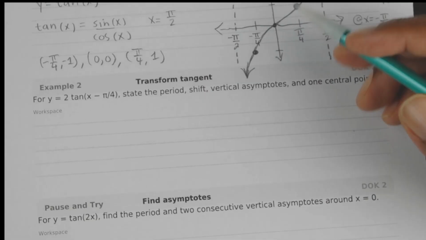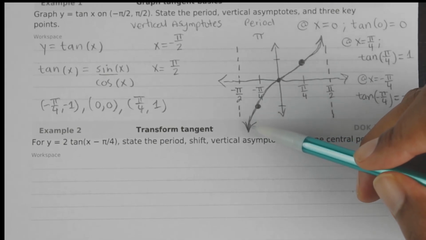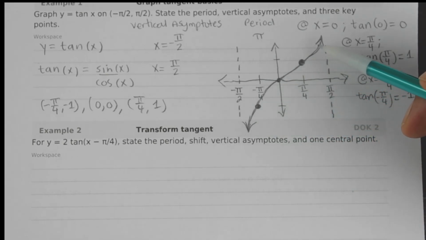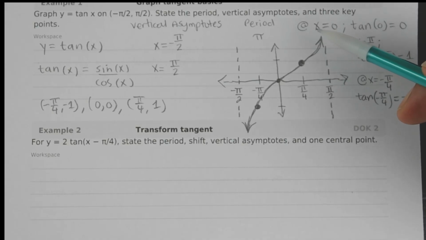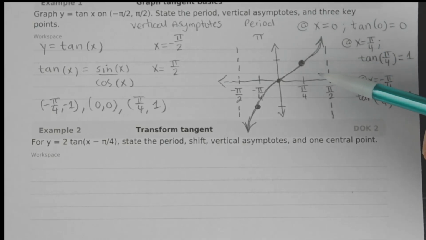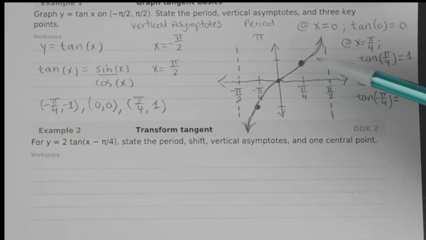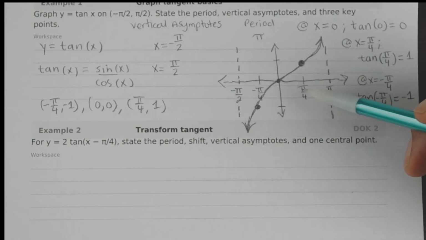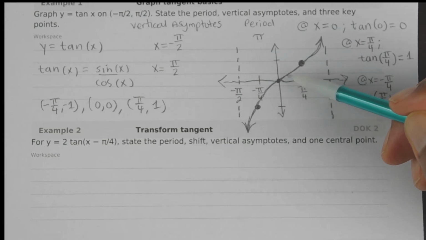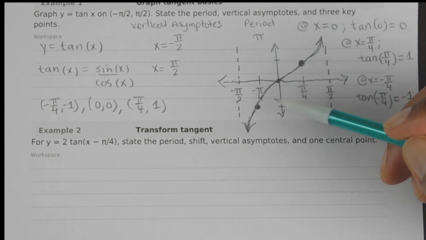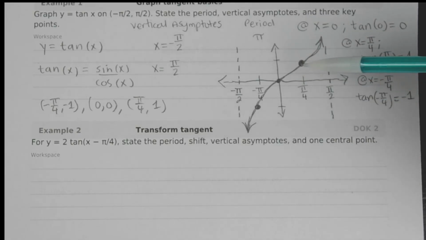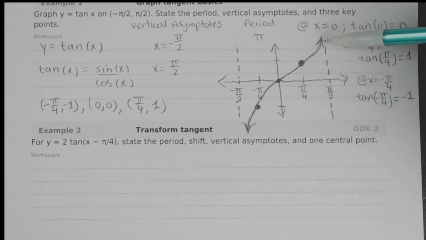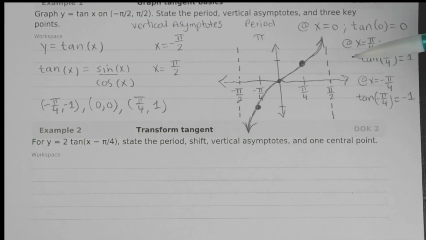And again, if we're interpreting the graph, it rises from left to right and then continues upward, okay? So as it approaches the vertical asymptote x equals negative pi over 2 on the left, and the vertical asymptote pi over 2 on the right, remember, it approaches it, but it never touches it.